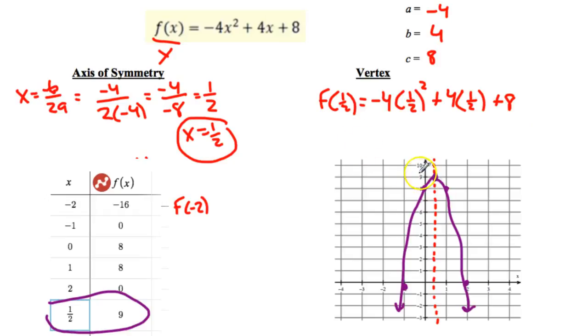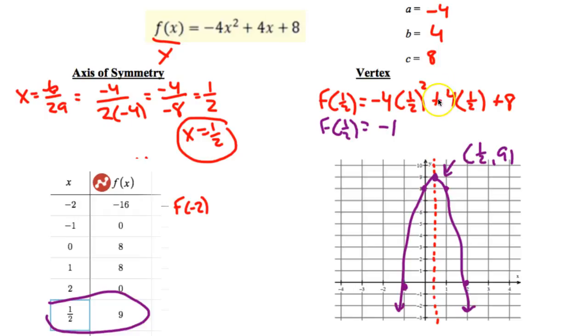And just to see, are we going to get the vertex that was 1/2, 9? Will we get 9 if we simplify this? Well, let's find out. F of 1/2 equals, okay, 1/2 squared is 1/4. 1/4 times -4 is -4/4, so that becomes -1. All right.